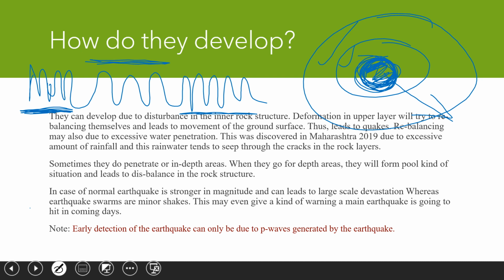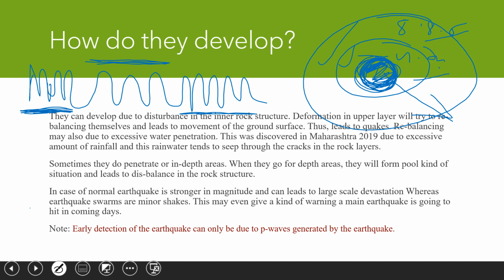P waves are the first waves collected, and they travel through liquid also. The speed is around 4 to 7 km per second in the crust, and 8 to 8.5 km per second in the mantle.